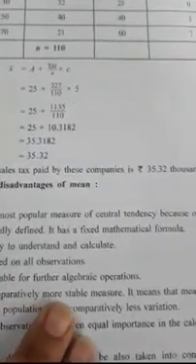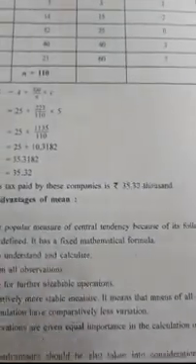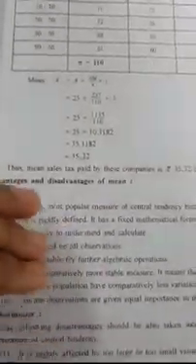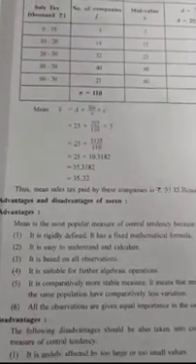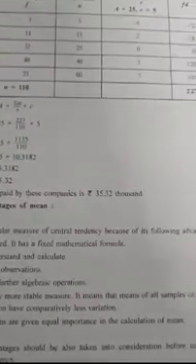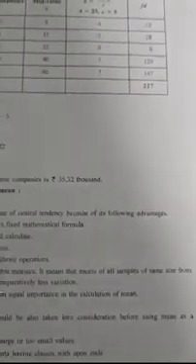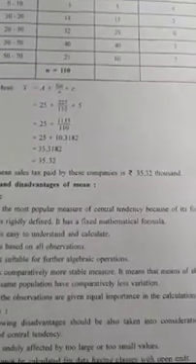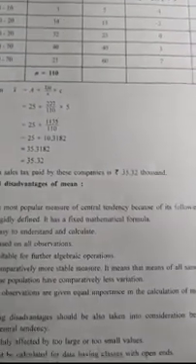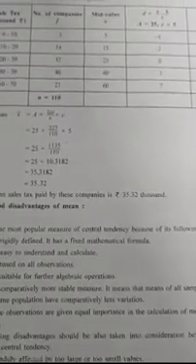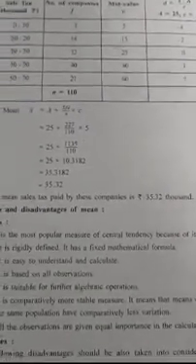Fifth, it is comparatively more stable. Whatever points we learned in the characteristics of a central tendency, the same points are included here as advantages. So you can learn either there or this one. It means the means of all the samples of the same size from the same population have comparatively very little variation.